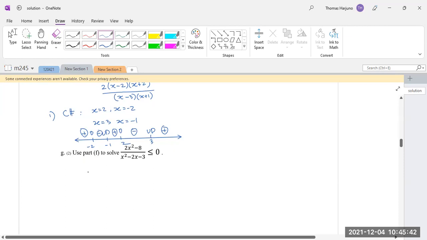Using that, we get -2 to -1, that's the negative part, union from 2 to 3. Okay, that's for part G.